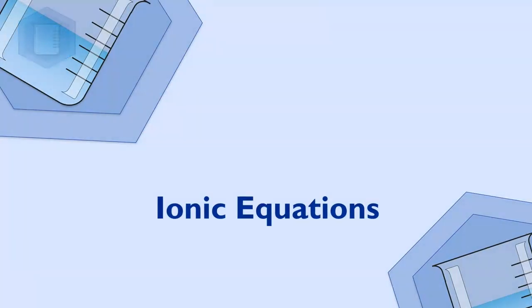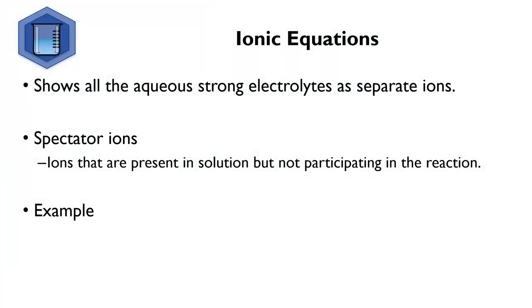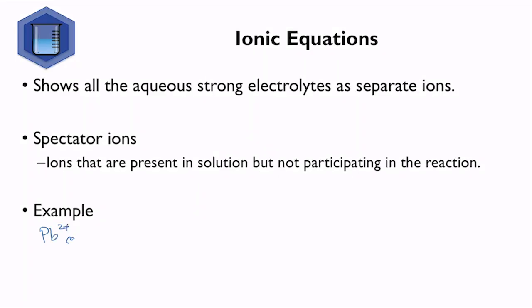Ionic equations. The ionic equation shows all the ions that are present in the solution. If you think about taking the starting materials, lead(II) nitrate and sodium chloride, and mixing these aqueous solutions in a beaker, what ions are going to be present? We know that lead(II) nitrate is an ionic compound, so it'll break apart into its ions in solution, Pb2+ and NO3-.